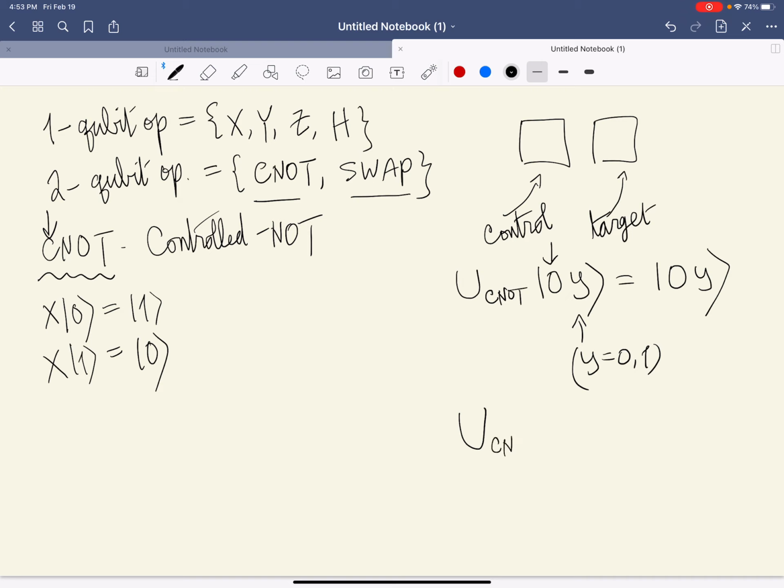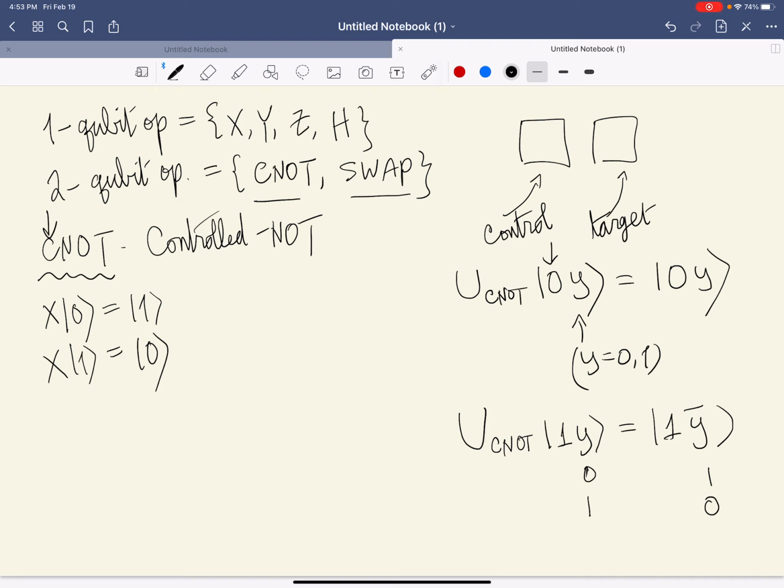But if the first qubit was in the 1 state, then the Cnot operation will flip the state of the second qubit from y to its negation. So y bar means that if y is 0, then y bar is 1. If y is 1, then y bar is 0.